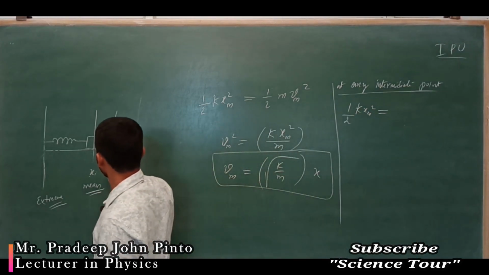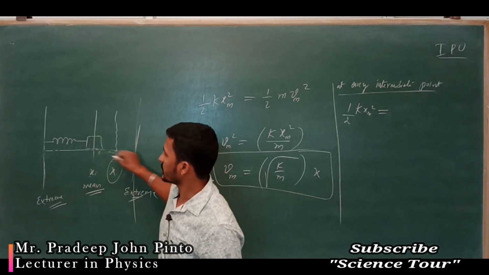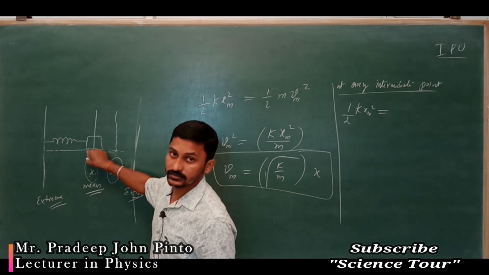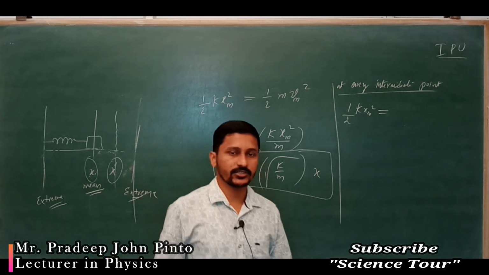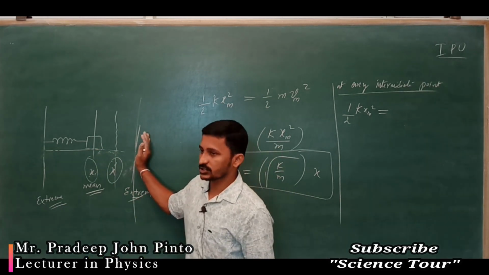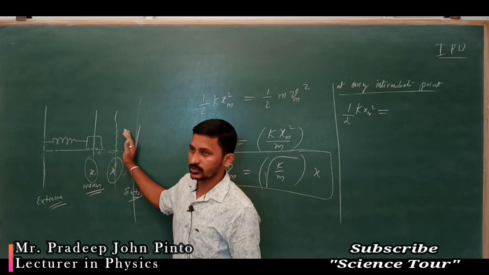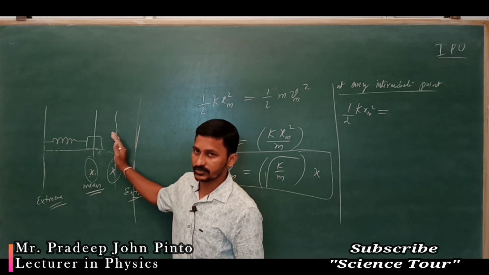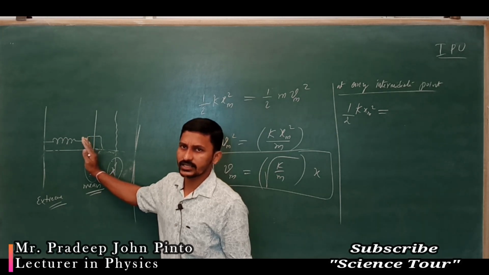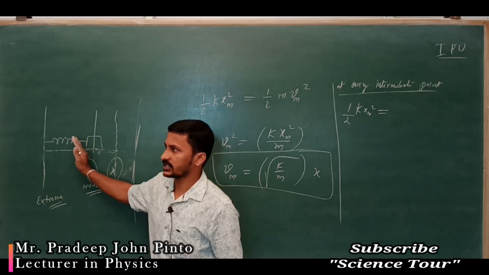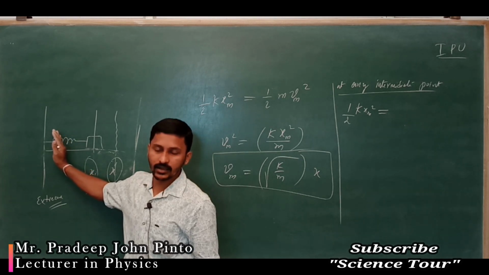We can also write that potential energy half k x m square is nothing but the sum of potential and kinetic. Here there is only potential energy, here only kinetic energy, but at the intermediate point there is potential energy as well as kinetic energy, because the potential energy goes on converting into kinetic energy, finally converting completely into kinetic energy. Again this kinetic energy is converted into potential energy.